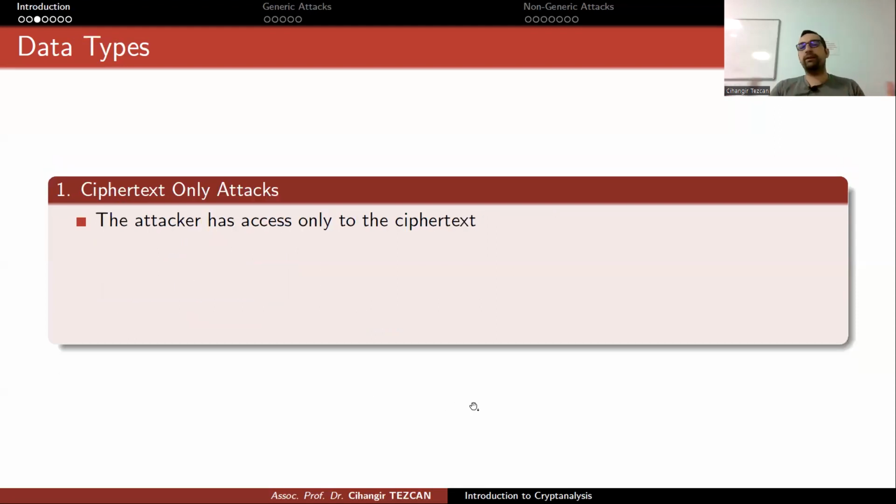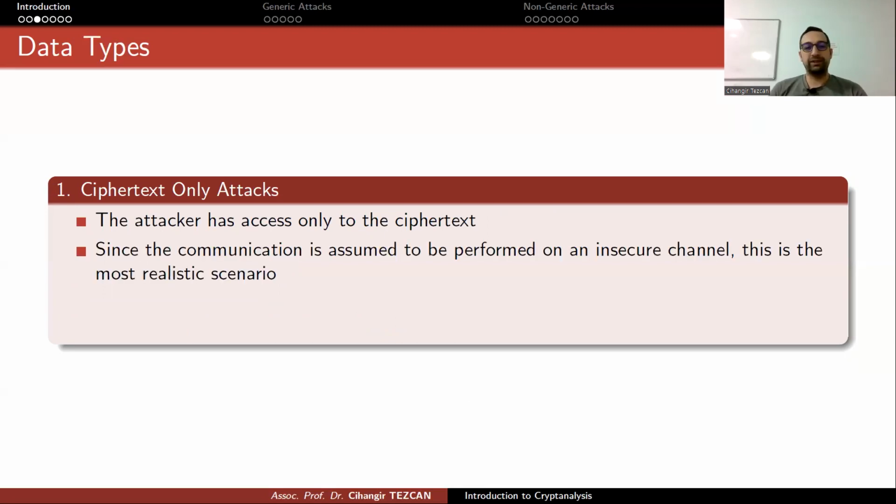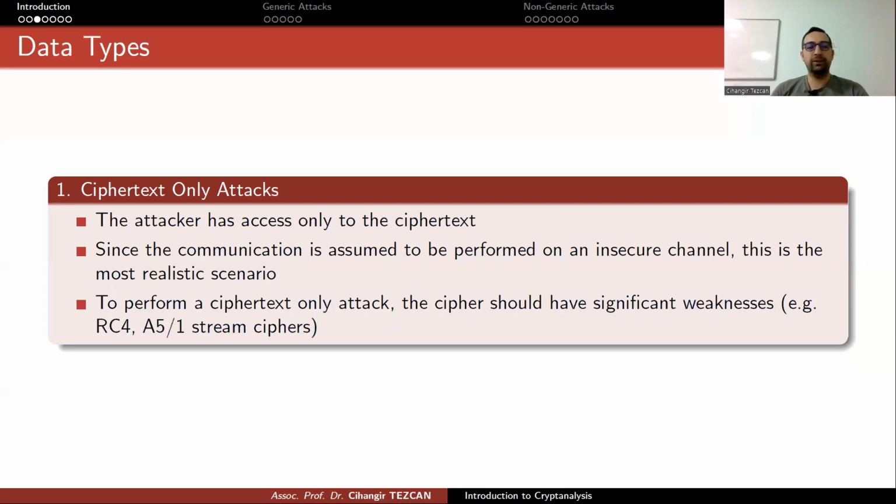Actually, I explained everything, but let's read the slides again and see if I missed anything. So let's start with ciphertext only attacks. The attacker has access only to the ciphertext. Since the communication is assumed to be performed on an insecure channel, this is the most realistic scenario. To perform a ciphertext only attack, the cipher should have significant weaknesses.